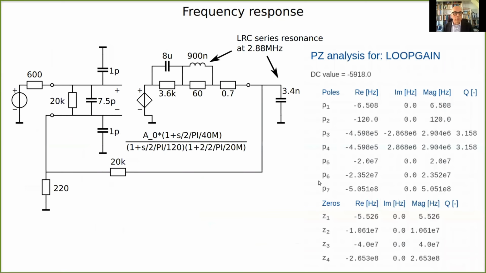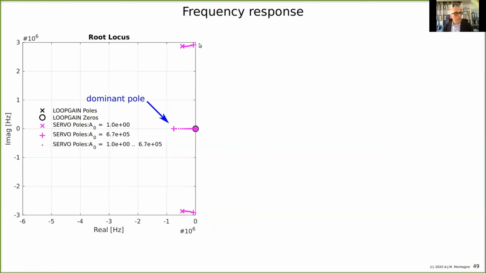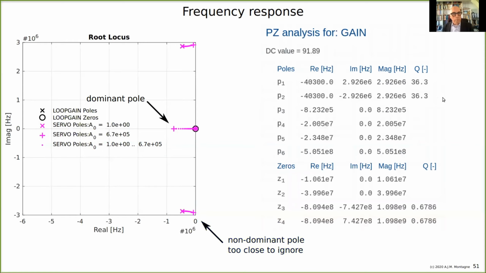So here you have the loop gain. Oh, sorry, that is, they almost stay there. So let's see. I have dominant poles, and this is the gain. The gain is a little bit more than 90 because I took another resistor value, and you see this very high complex number here. These are not the dominant poles. It is sorted on the real part, as you see here.